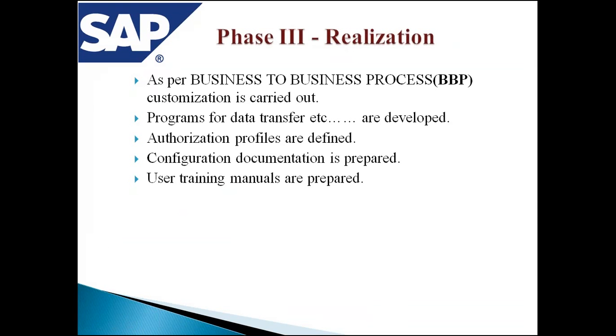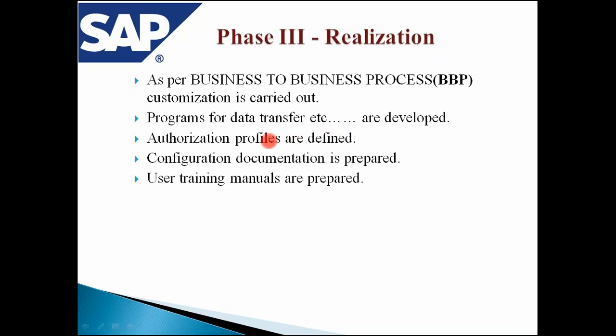So here we come to our realization of what I understood and what the client is looking for. Once he is good to go, as per the business blueprints, we completely come up with the customizing cycle. For that, if any programs are to be defined, the developer will go with the programs for data transfer, etc., from the development point of view.